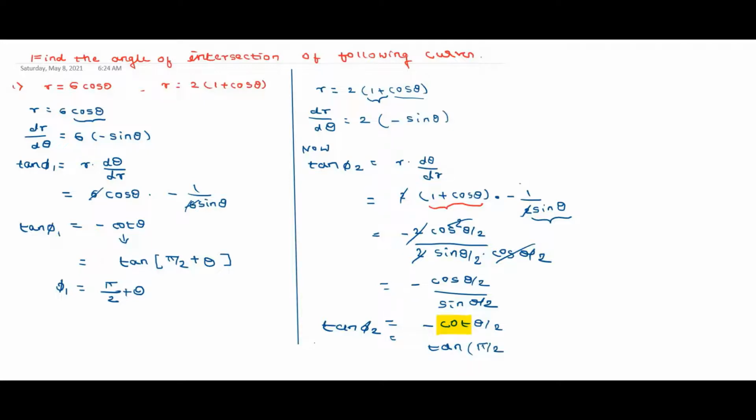Now to get minus sign, here you can write plus sign, because 90 plus moves in second quadrant, and in second quadrant sin and cosec are positive, cot and tan are negative, and the remaining angle is theta divided by 2. Therefore phi 2 is equal to pi by 2 plus theta divided by 2.